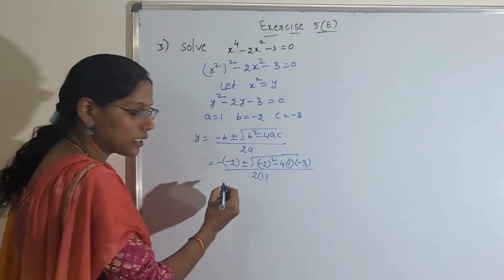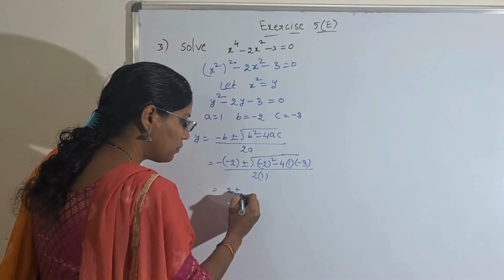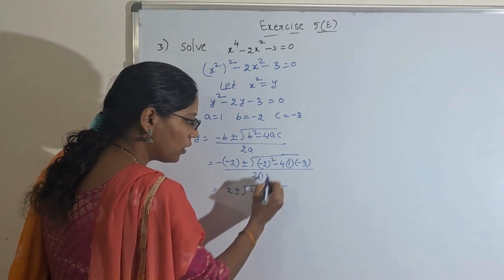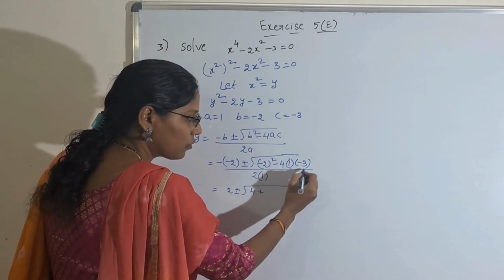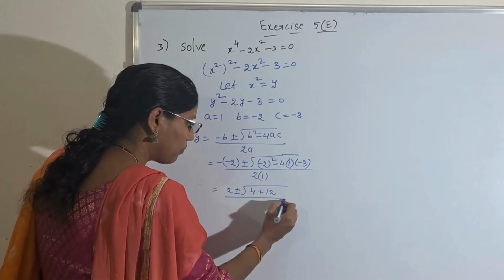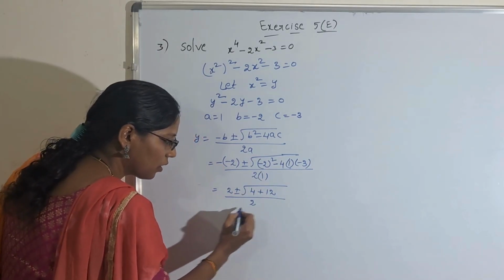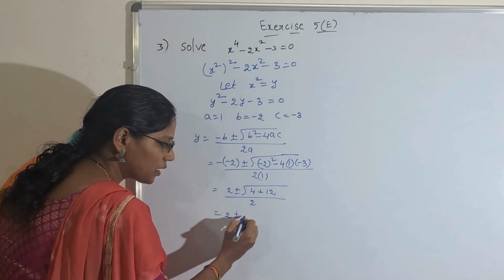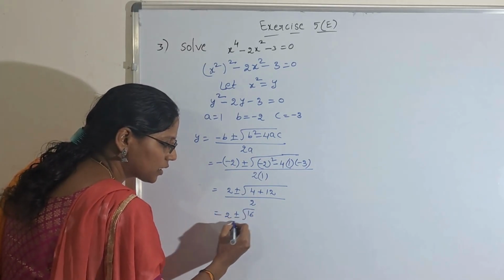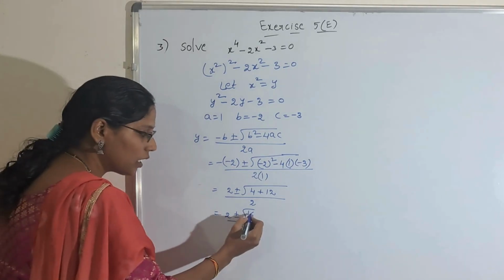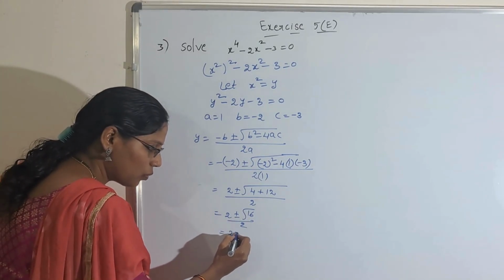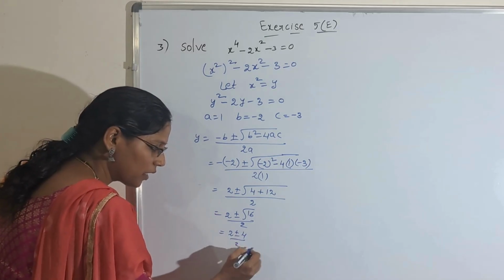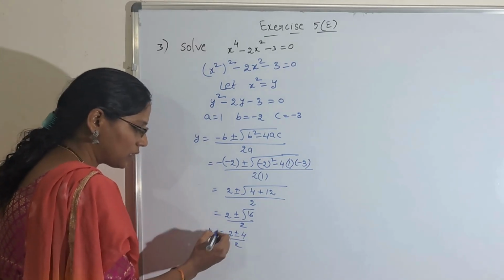Here minus into minus plus 2, plus or minus root of 4, minus into minus plus, 4 threes are 12, by 2 is equal to 2 plus or minus root 16 by 2. Here root 16 is a perfect square, 2 plus or minus 4 it will come. One time plus, one time minus we have to take.